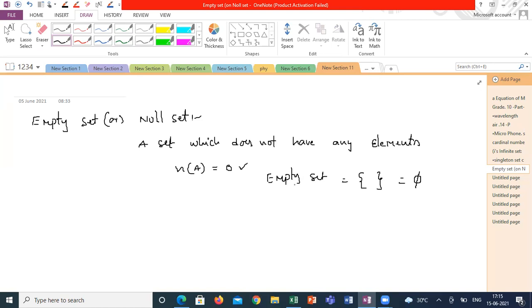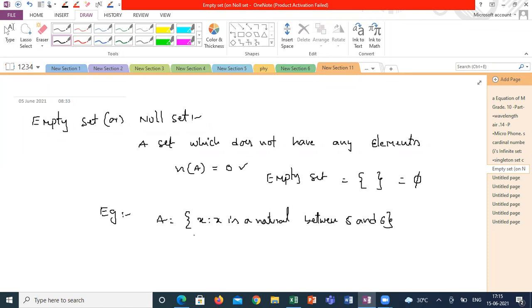Examples: natural numbers between 5 and 6. X such that x is a natural number between 5 and 6. Any other examples, guys?